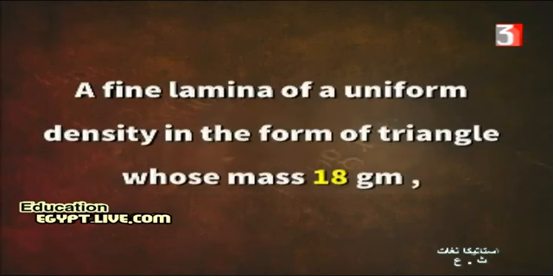Then the center of gravity by the same method. Another example. Find the center of gravity of a lamina of uniform density in the form of a triangle whose mass is 80 grams.